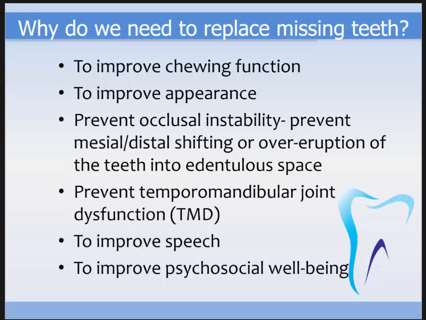In what way do missing teeth cause occlusal instability? It could be because of mesial or distal shifting of the teeth on the same arch into the edentulous space. For the opposing arch, when there are no teeth opposing, the teeth may over-erupt into the edentulous space as well.